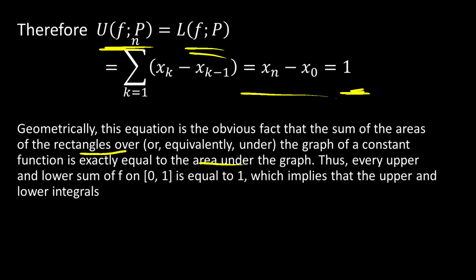Thus every upper and lower sum of the function on [0,1] is equal to 1, which implies that the upper and lower integrals are equal. So this is a function f equal to 1.